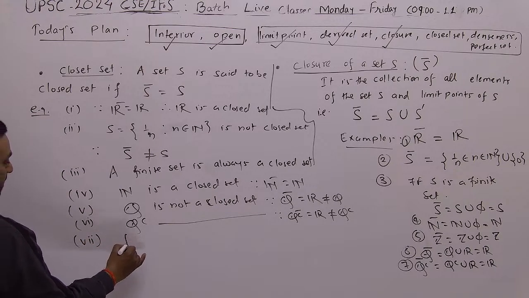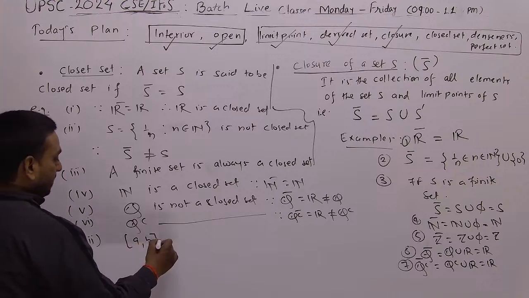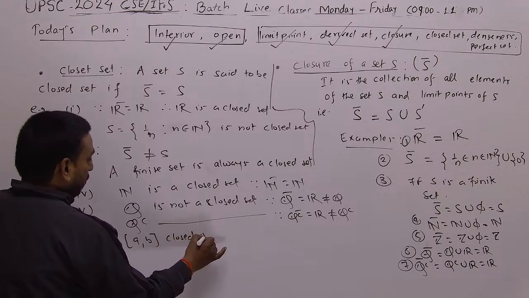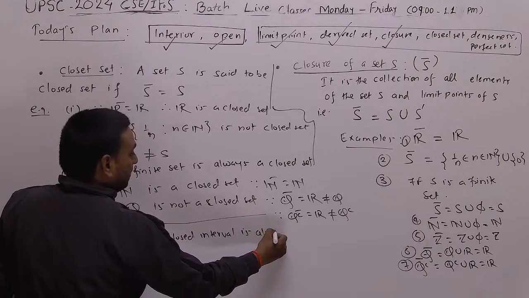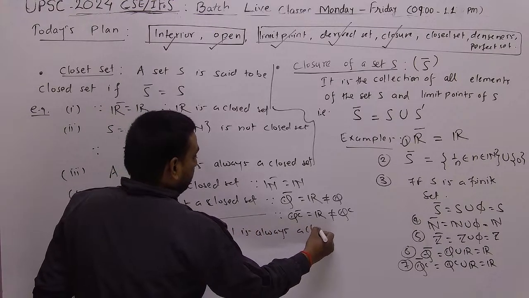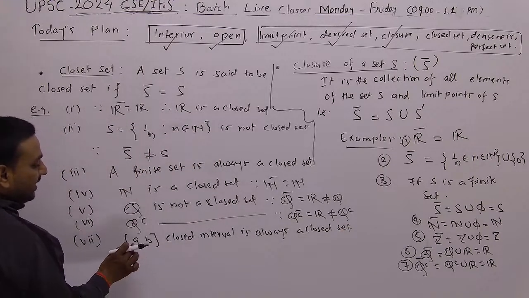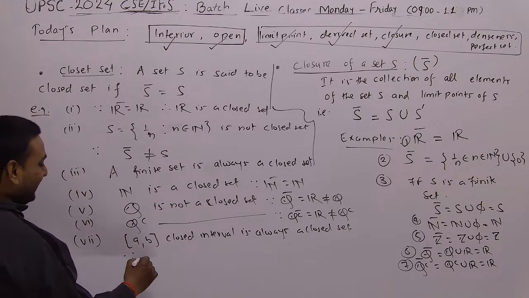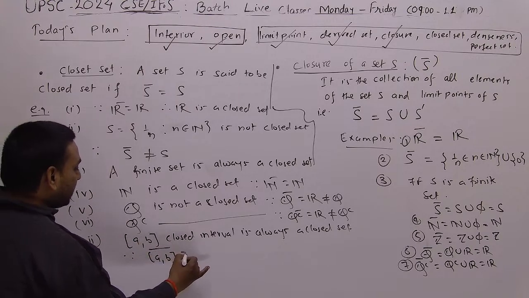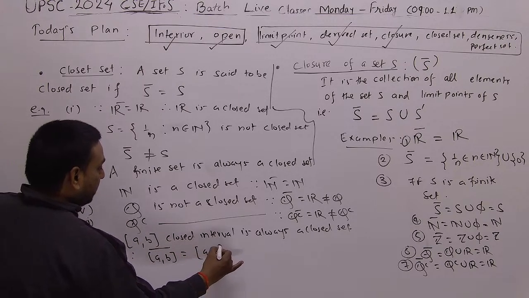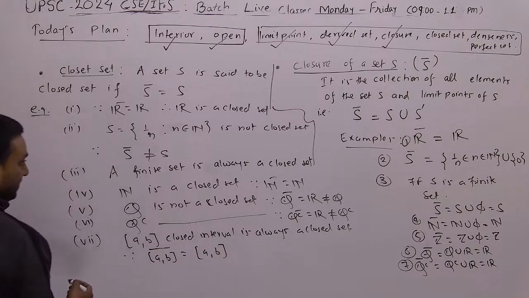Seventh, a closed interval [a, b], what about it? A closed interval is always a closed set. Why? Since a is a limit point, and all the points inside a and b will be limit points, so the closure of [a, b] is this.